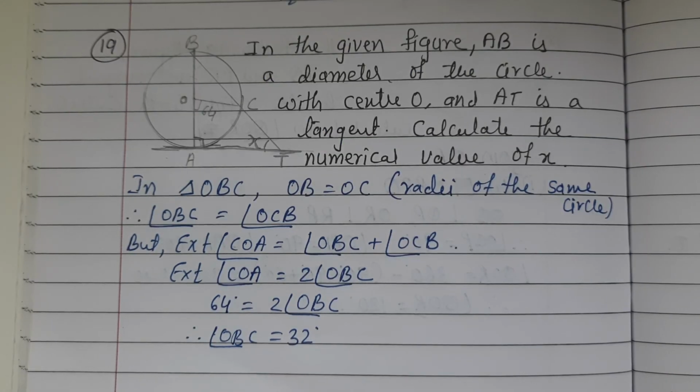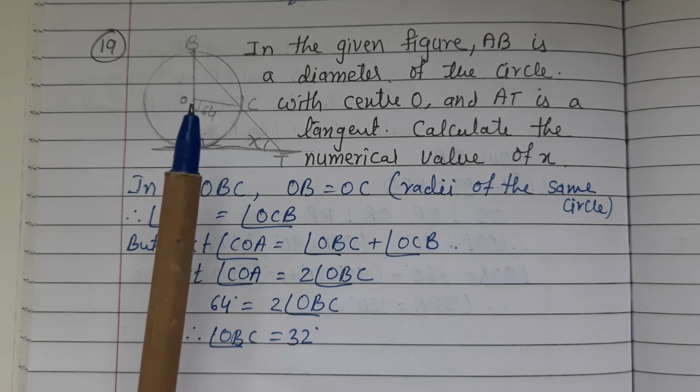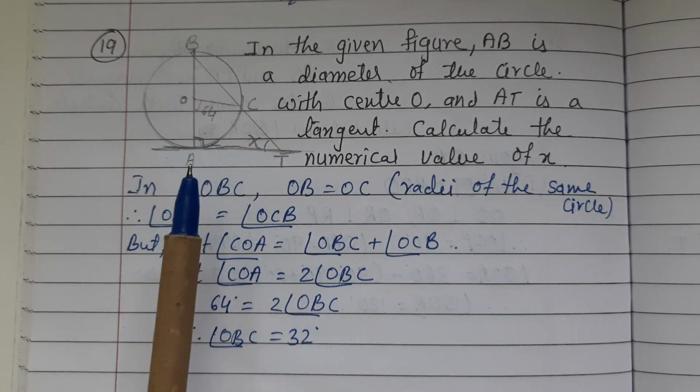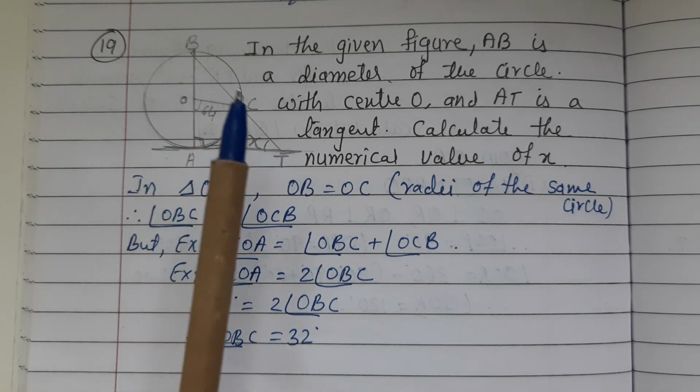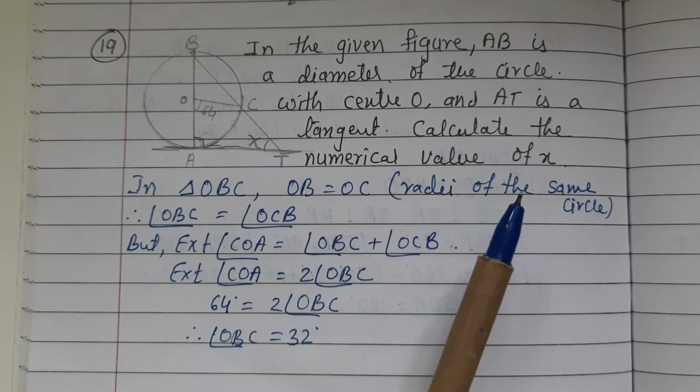Sum number 19. In the given figure, AB is the diameter of the circle with center O. AT is the tangent. Calculate the numerical value of x. In triangle OBC, OB is equal to OC, radii of the same circle.